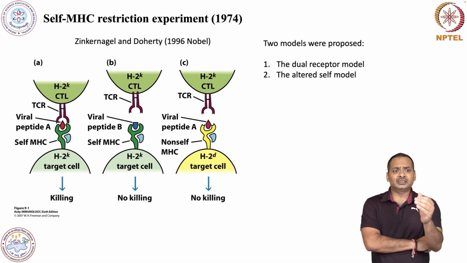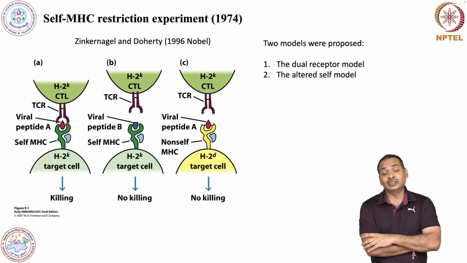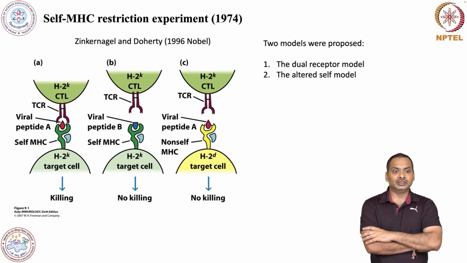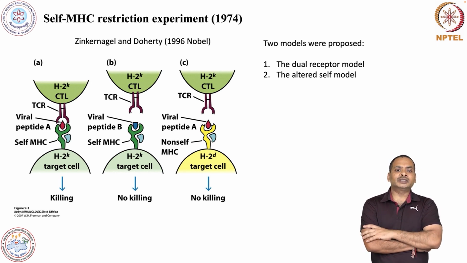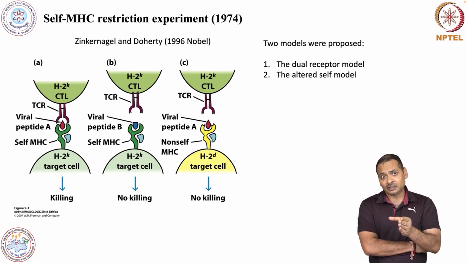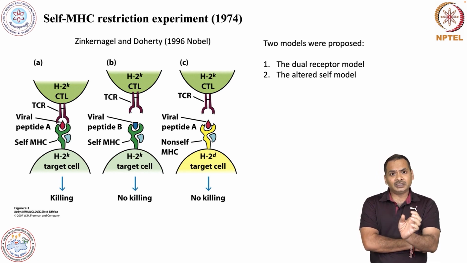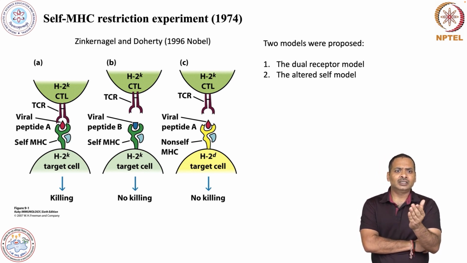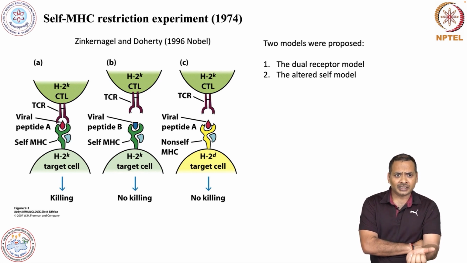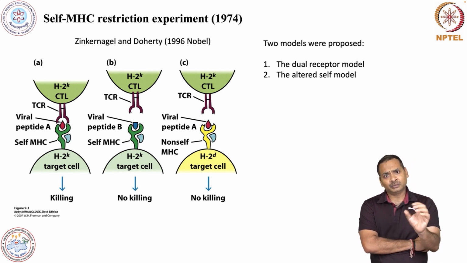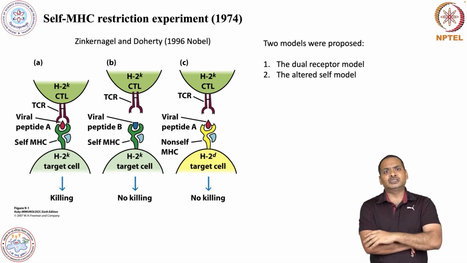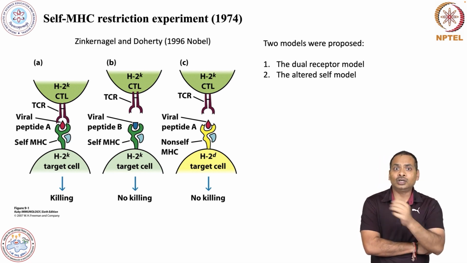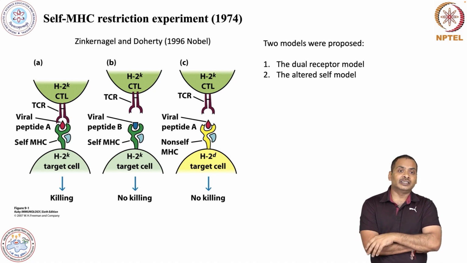Try to understand that this T cell is basically a cytotoxic T cell. In case B, you can see that the antigen is different. The MHC is the same in the T cell and the target cell, but the antigen is different. The T cell is not specific for that antigen, so it will not kill the target cell.